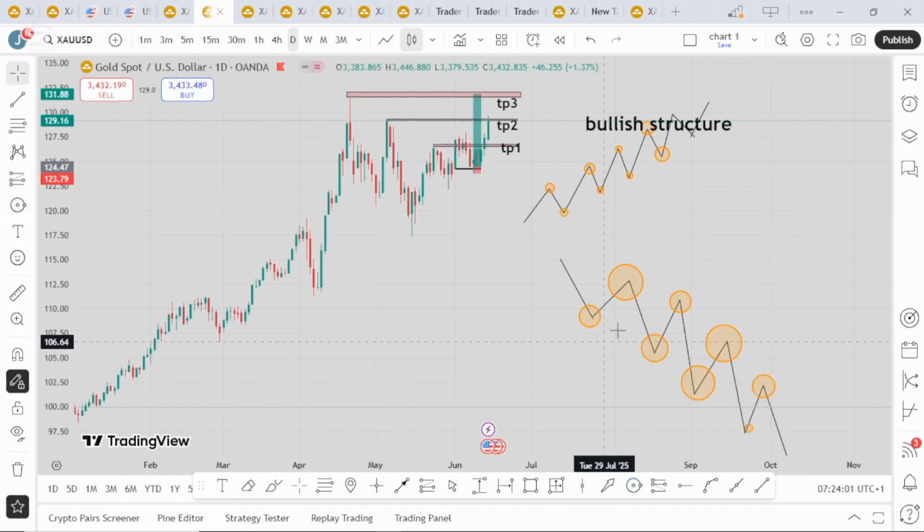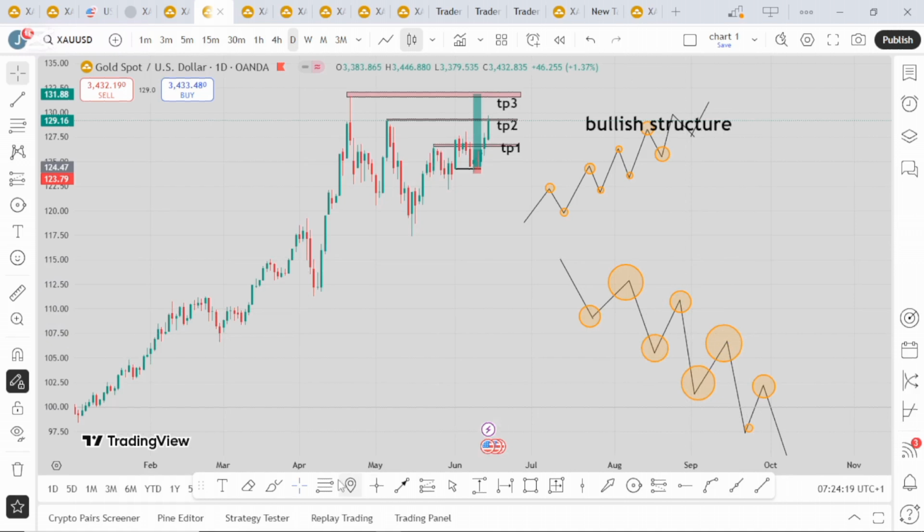So in this case, what you will see is a low that is lower than the previous low, and a high that is lower than the previous high. So that's why we call it a bearish structure.